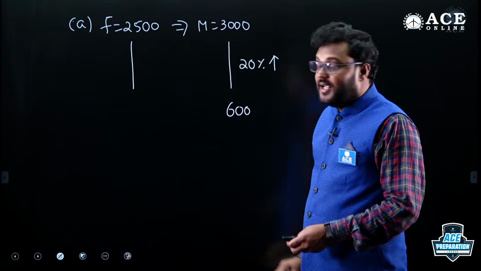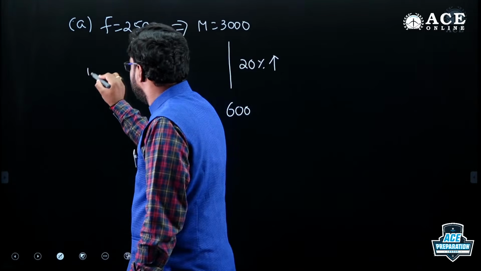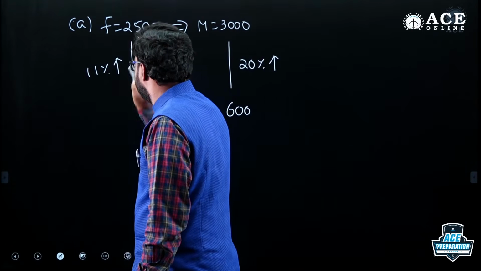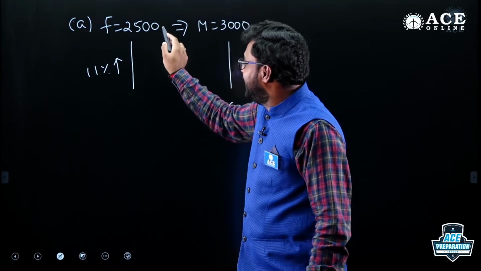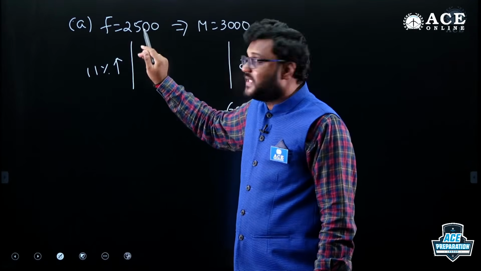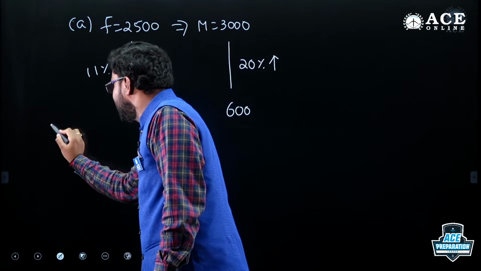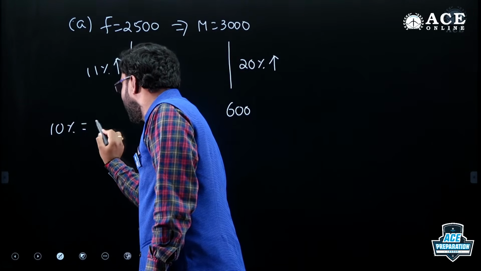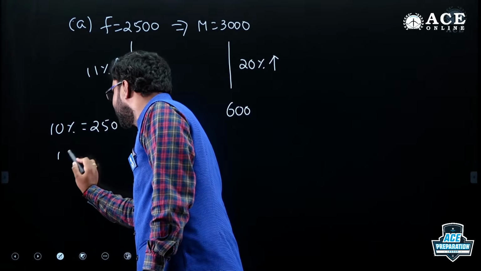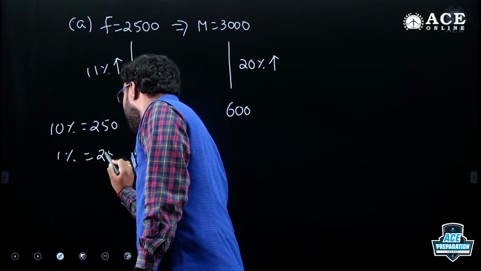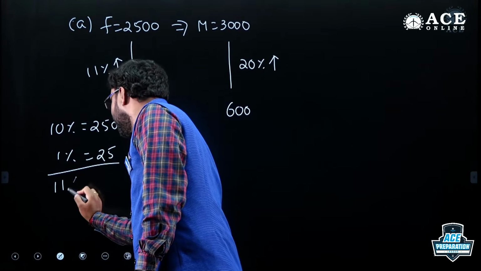600 already you got. Now this is increased by 11%. My dear friends, what is 10% for 2500? 10% means removing one zero, dividing by 10. 10% is 250, 1% is 25. Together, 11% is 275.